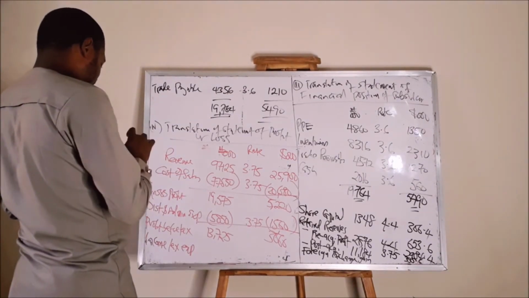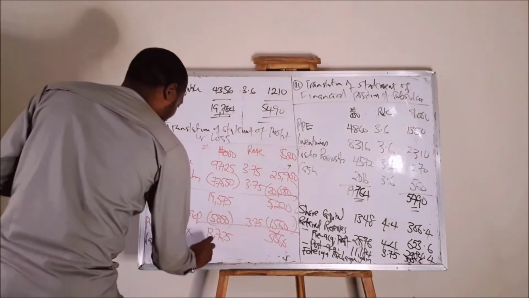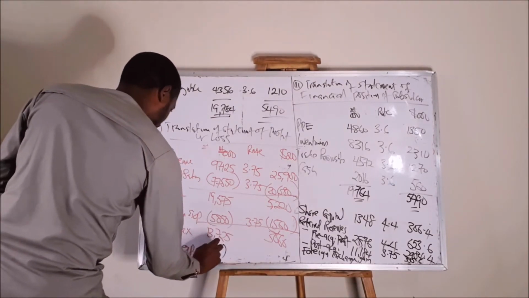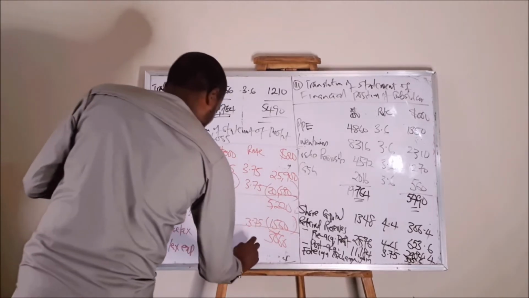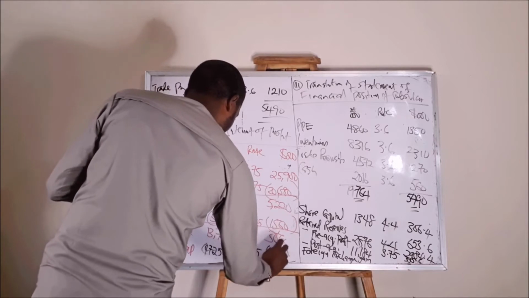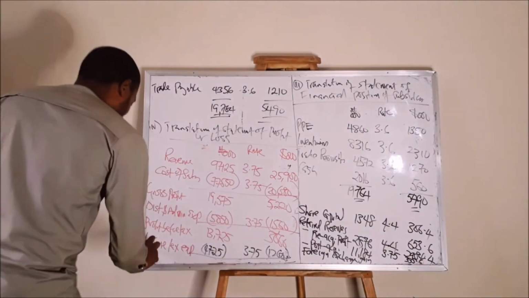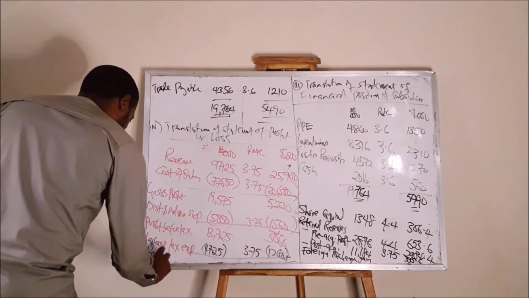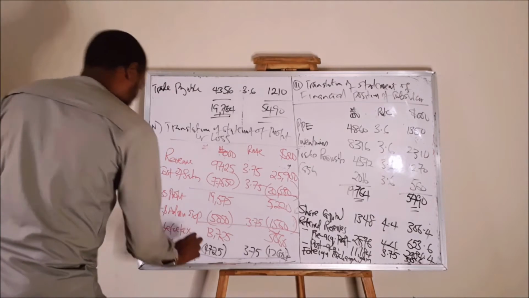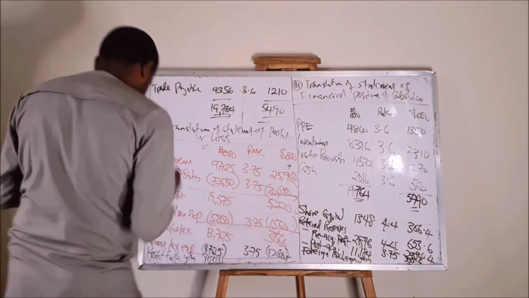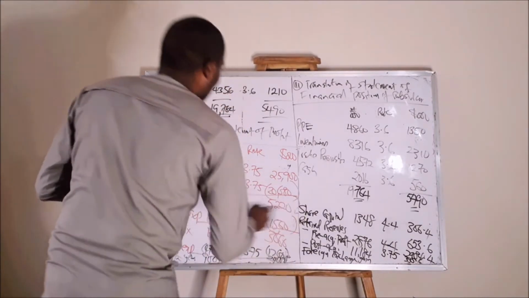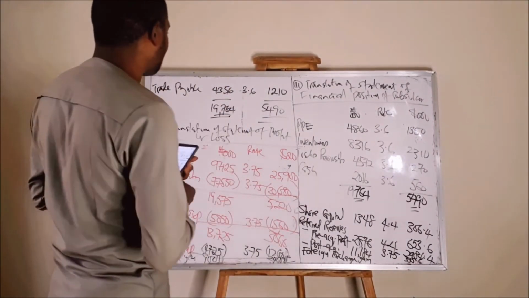We have 4725, still the same 3.75 to give you 1260. So if you minus, the profit for the year, which is going to be 9,000, is going to be 2,400. So this is the translation of the statement of profit or loss.